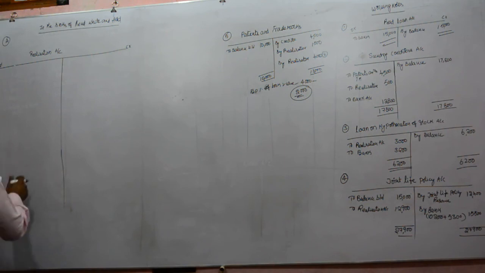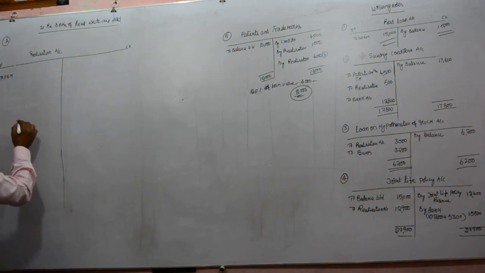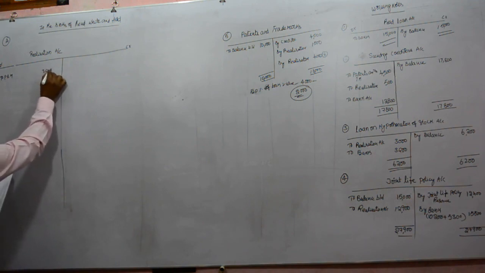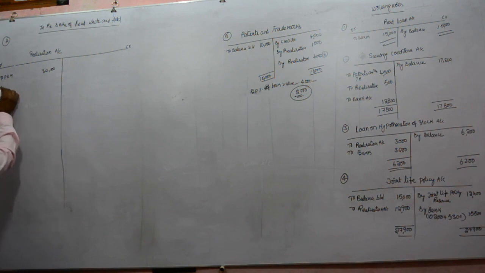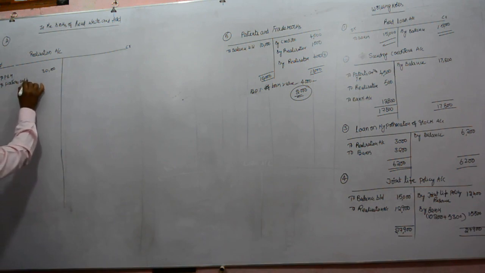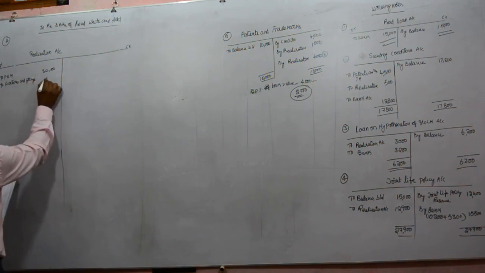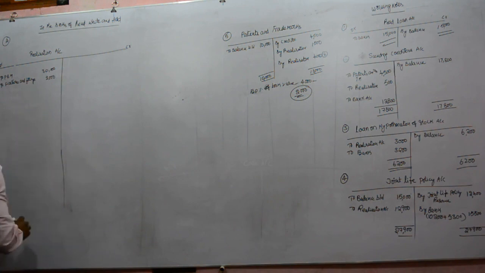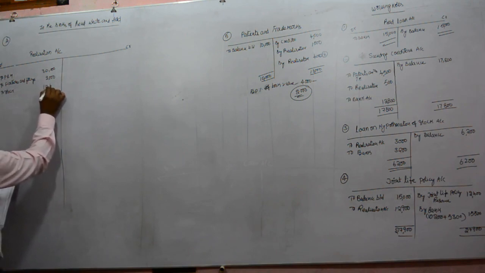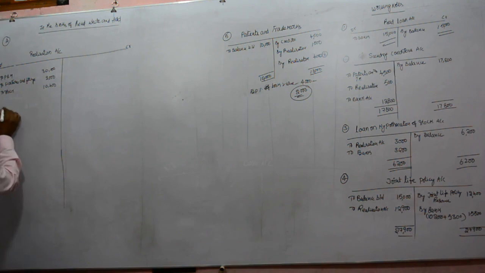So plant and machinery, plant and machinery 30,000 to fixtures and fittings. $2,000 to stock, 10,400 to debtors.